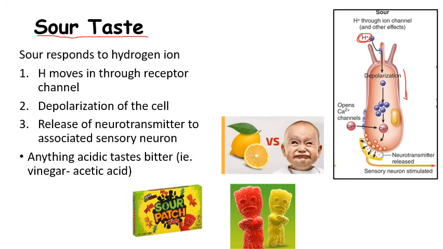Just like salty, the proton is going to move through the receptor, which is an ion channel. Protons have a positive charge, so that's going to cause depolarization of the cell, and again, the depolarization causes the opening of calcium channels in the gustatory cell, and then the calcium cues the release of neurotransmitter, and that will activate the sensory neuron.